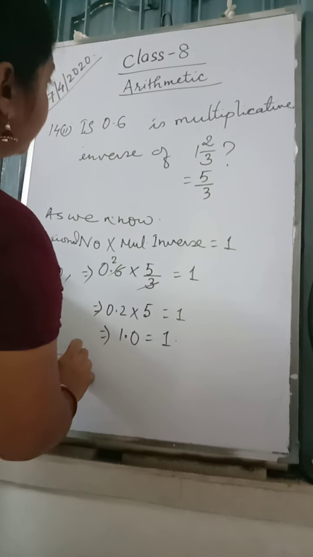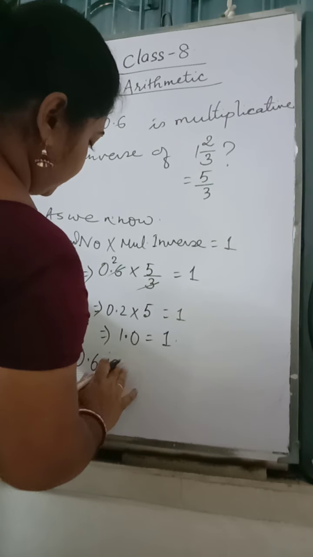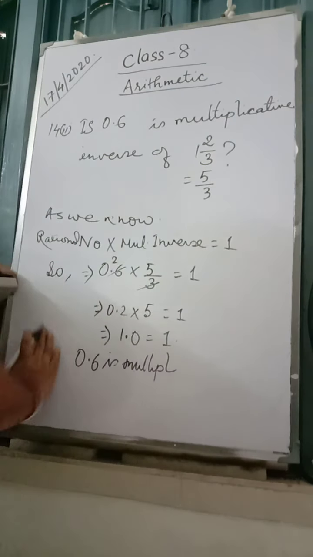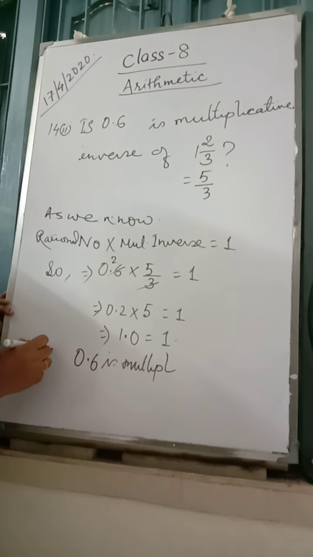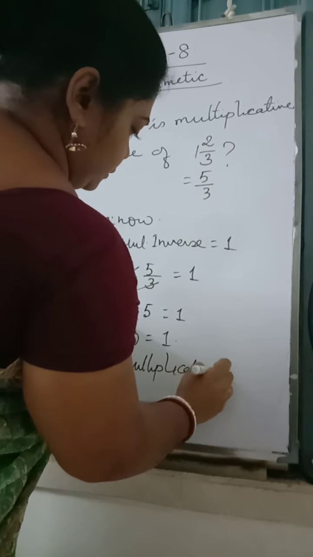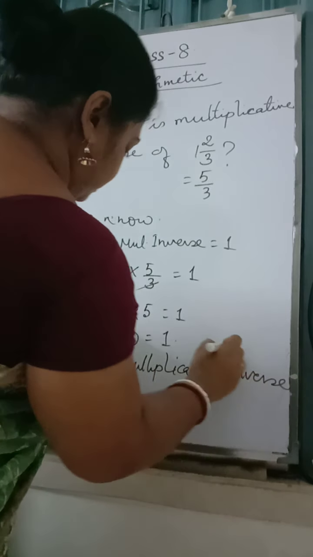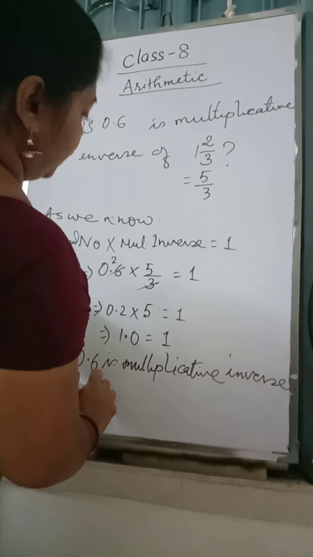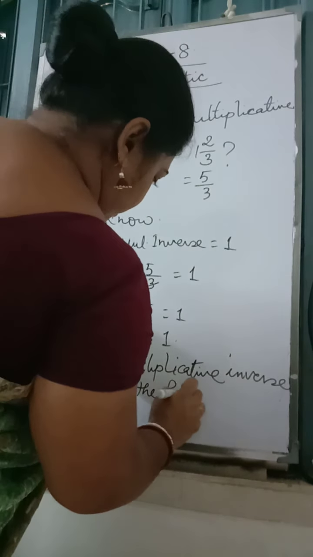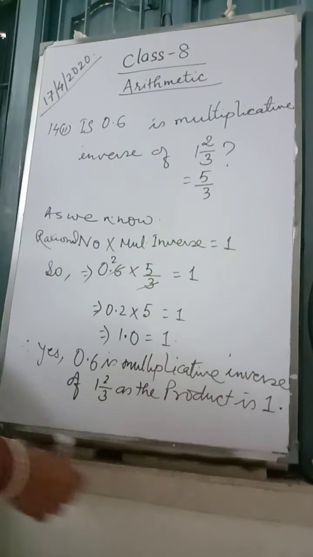Therefore yes, 0.6 is a multiplicative inverse of 1 whole 2 by 3 as the product is 1.